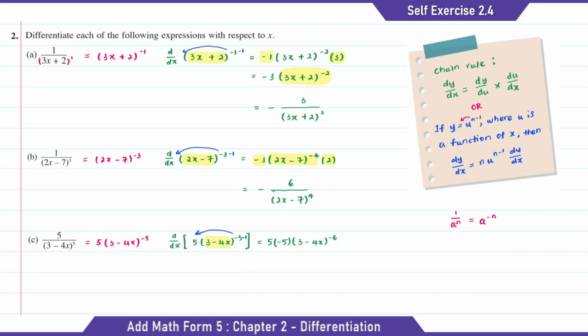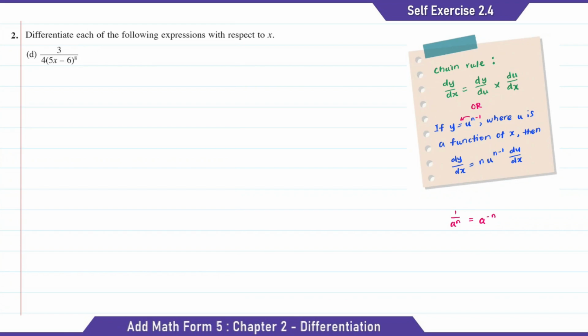Then differentiate the terms in the bracket, which is going to be negative 4. So here multiply 5 with negative 5 and negative 4, which is going to be positive 100. Then write the power here in positive form. Then the final answer will be 100 over bracket 3 minus 4x to the power of 6.